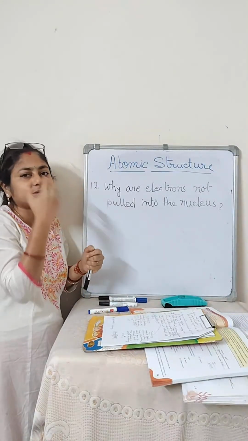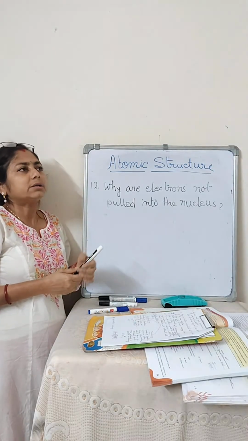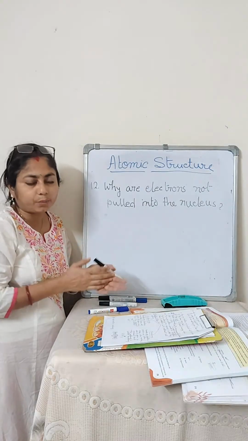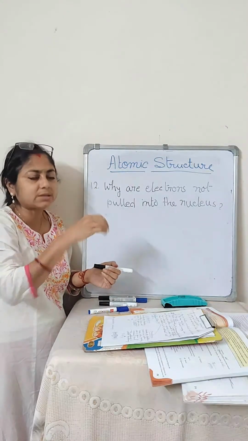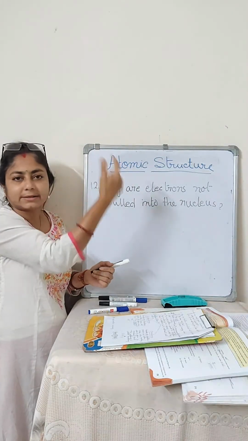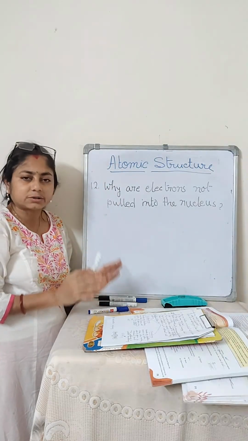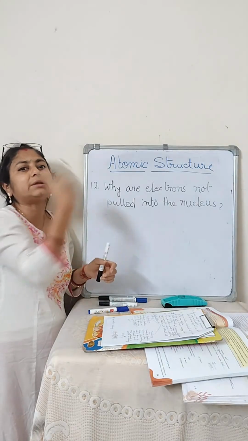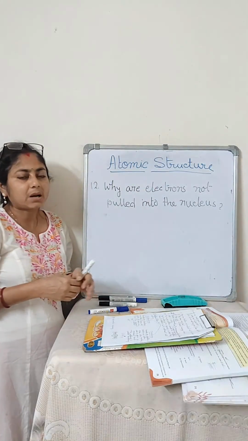Next, one question is blinking in your head. I told you the atom is mostly hollow space. In the center there is a nucleus and a ring structure of shells, and all the electrons move. Then why don't the electrons jump into the nucleus? What happens? Very simple.